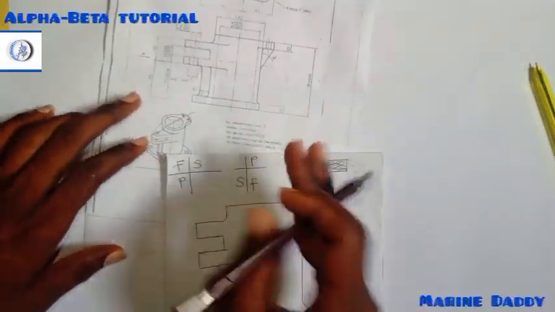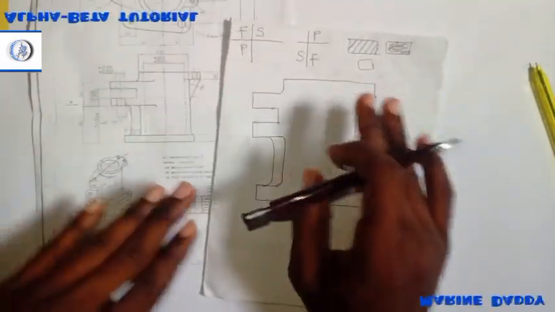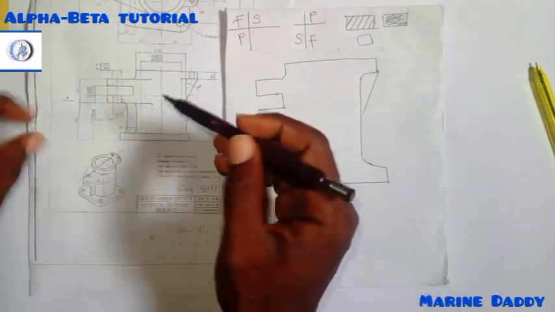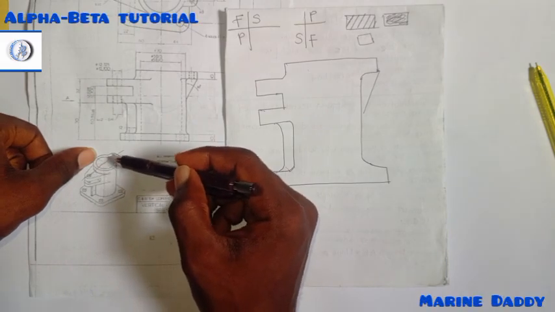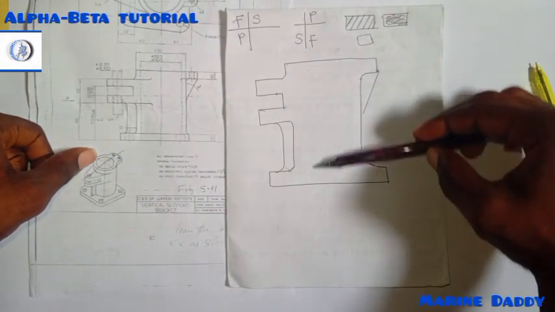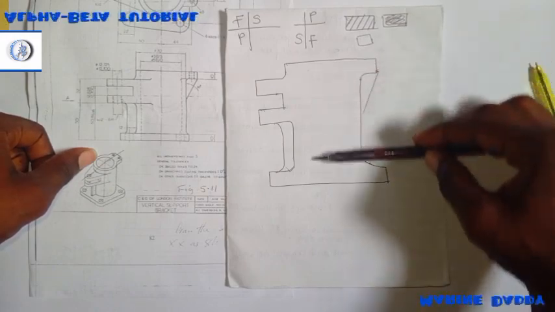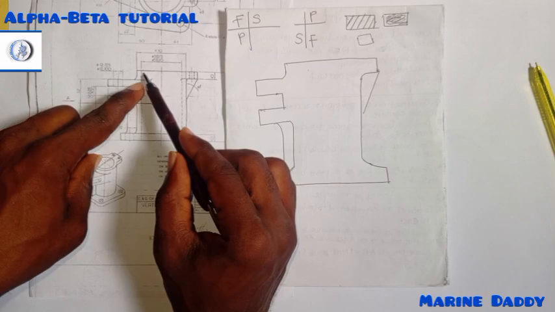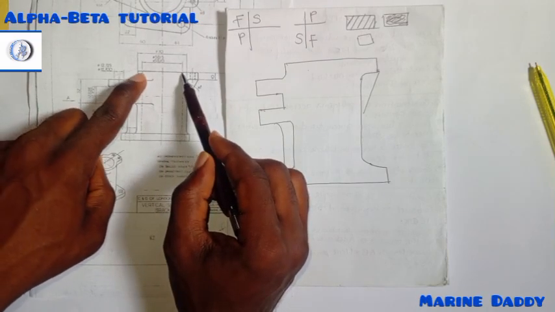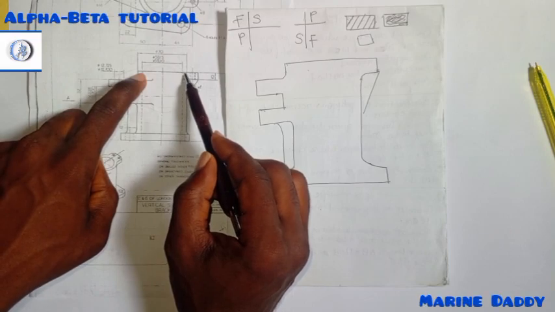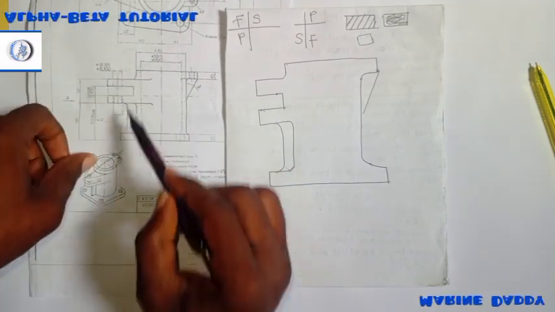So let's go back to what we have drawn earlier on. So let's see. This hollow part is going to be smooth, Abi, that's somewhere around here. But the span, that's from here to here, is the part that is going to be smooth, but the other side is going to be rough, Abi.